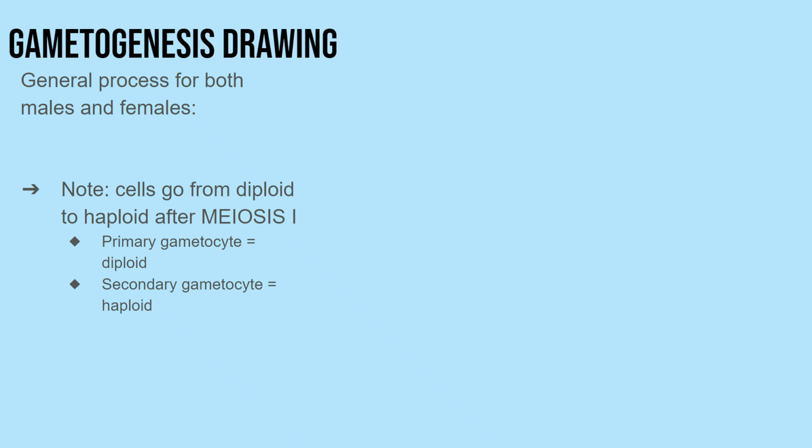That's it. So then the primary gametocyte goes through meiosis 1. And like we talked about a minute ago on the slides, meiosis 1 is when we go from diploid to haploid. So then we end with 2 secondary gametocytes that are both haploid, or N. So this is secondary gametocyte.